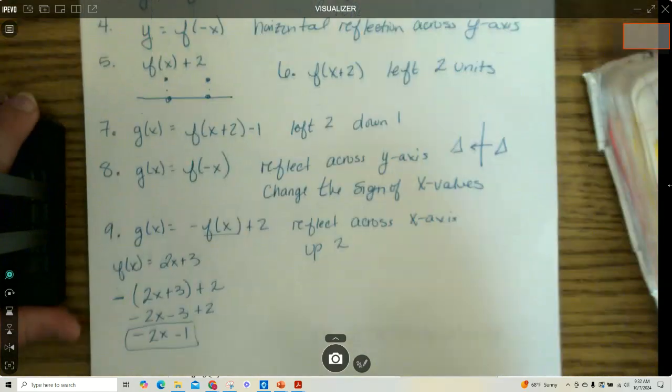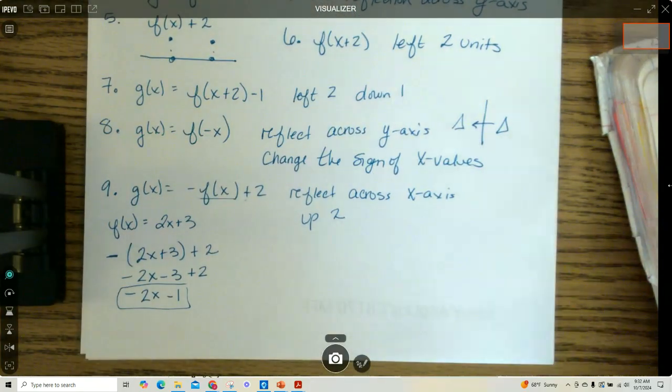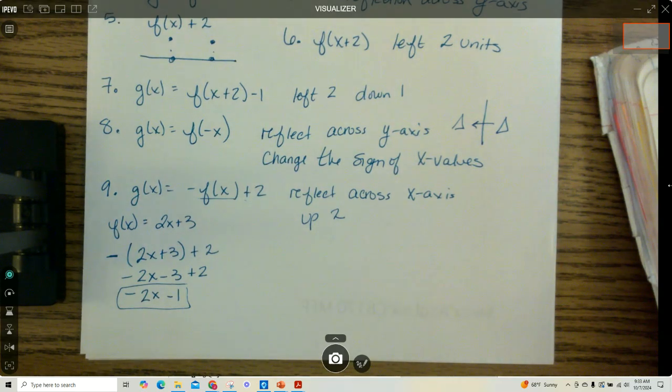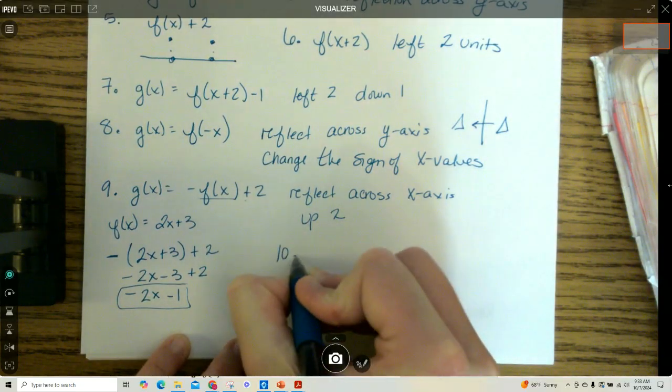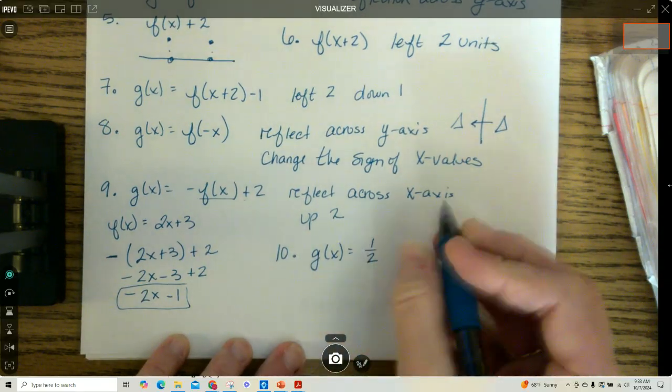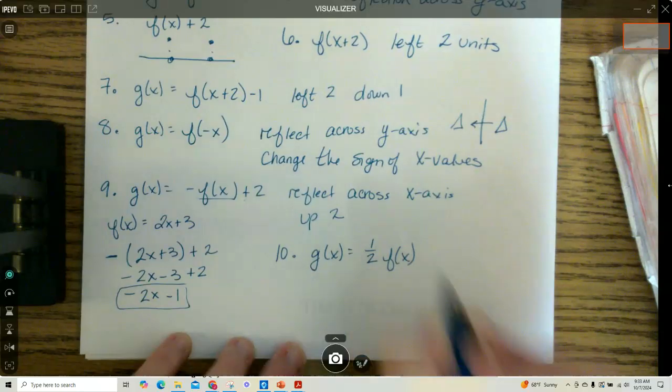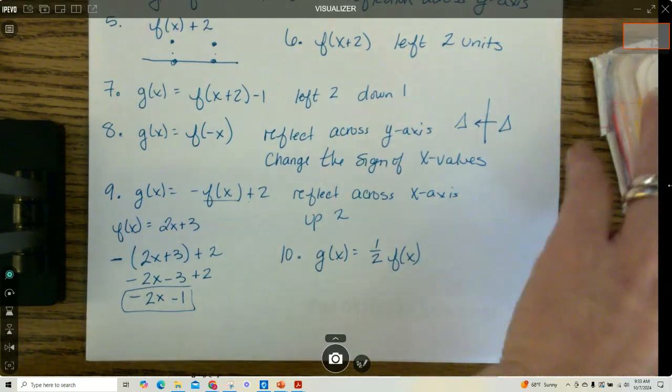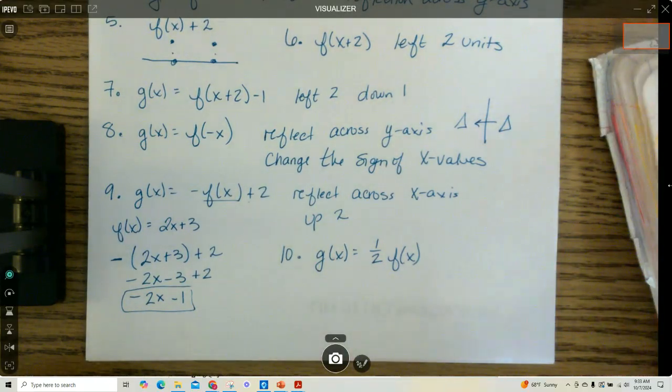So order of operations still applies. I think it's horizontal, vertical, reflect. Stretches and compressions, I think, are first. So if it's asking to graph the function g of x equals half of f of x, then I have 2 of f of x equal 2 f of x.